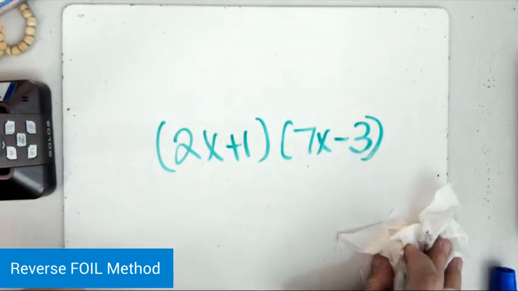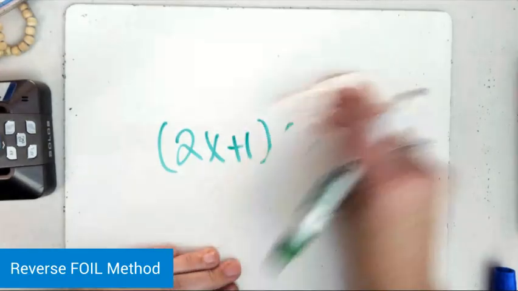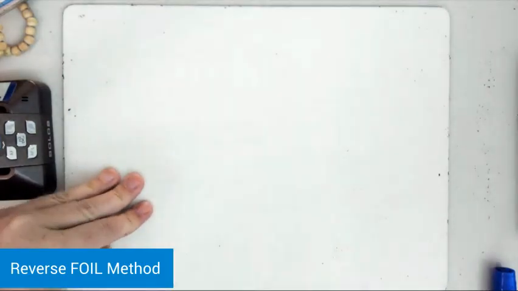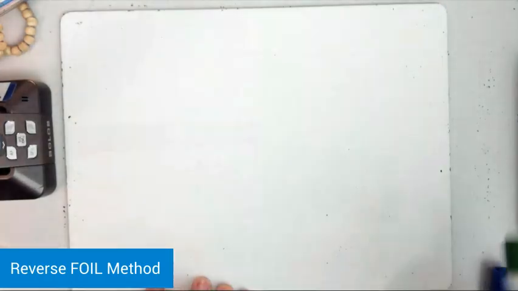What question is this again? 9, I think. What about a negative? Find one that's a negative and then a positive. 19. Okay. Ooh, that's a good one. Okay. Number 19.